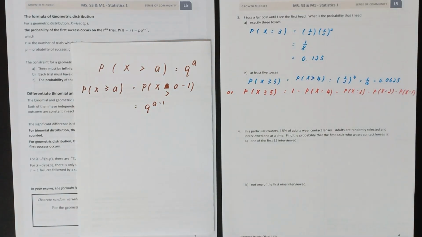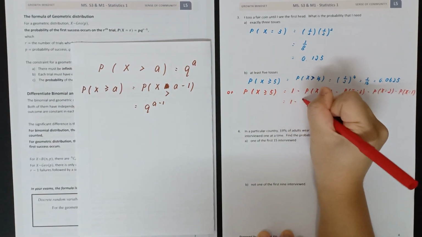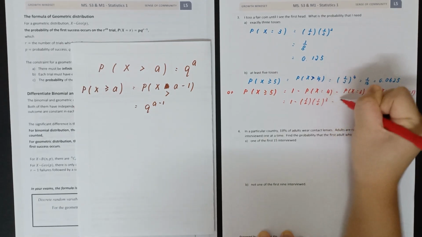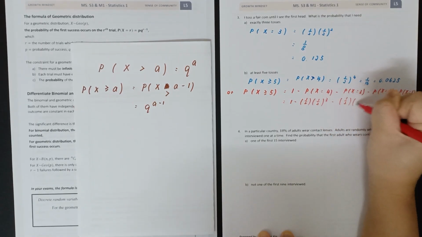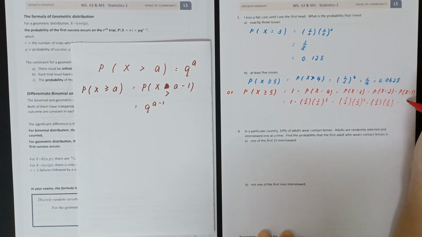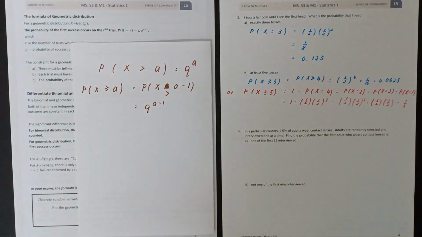If without trying, how do you get your success, right? Then it will be 1 minus, the same thing: 1 success with 3 failures, 1 success with 2 failures, 1 success with 1 failure, and then you minus 1 over 2 for the first time you get a success. Then you will get exactly the same thing also. Alright, okay, so let's move on to number 4.